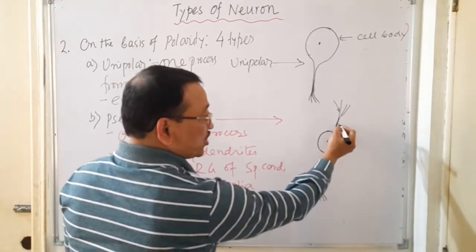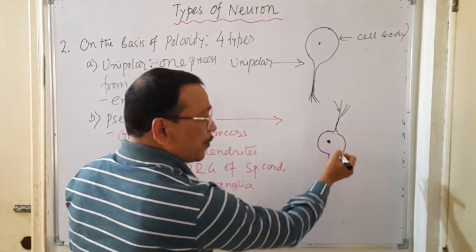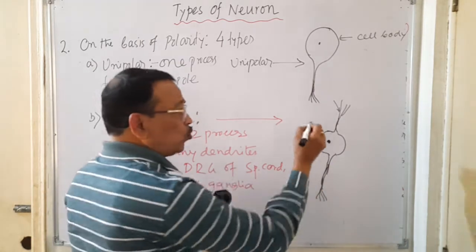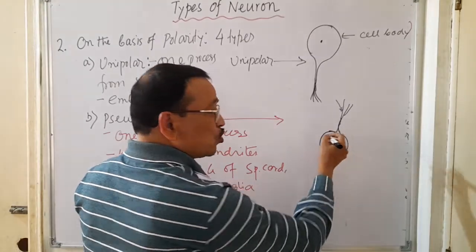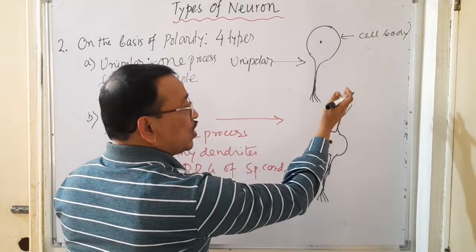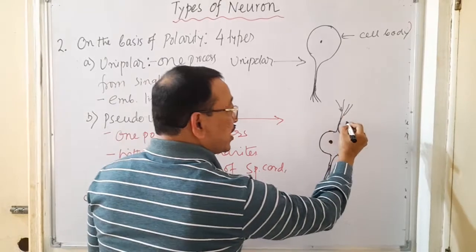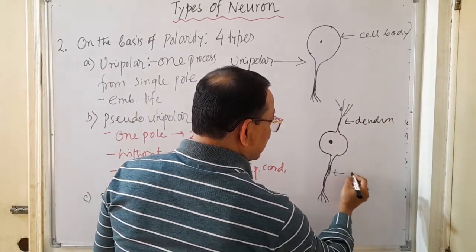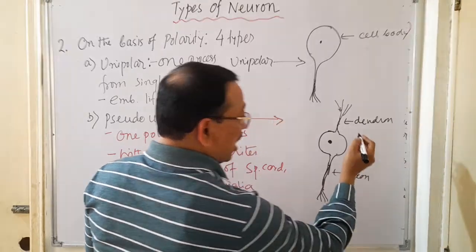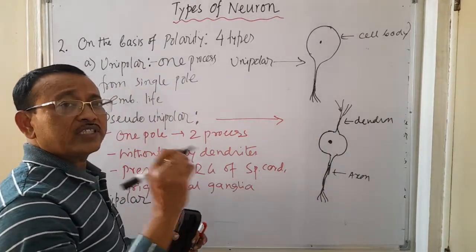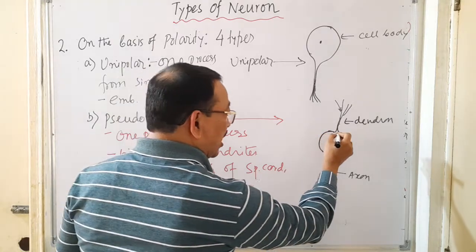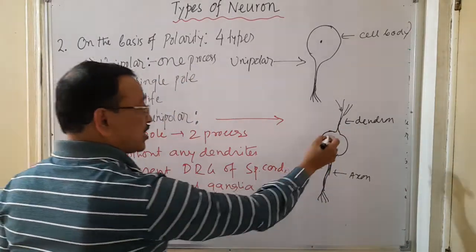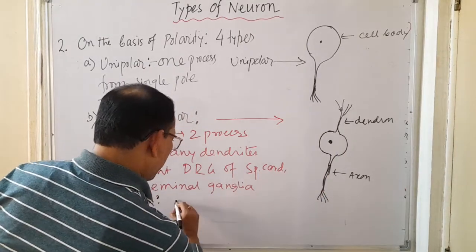So two processes originate from two distinctly separate poles or sites to produce two branches. One is the dendron or dendrite, and the other is the axon. This type of neuron is known as the bipolar neuron.